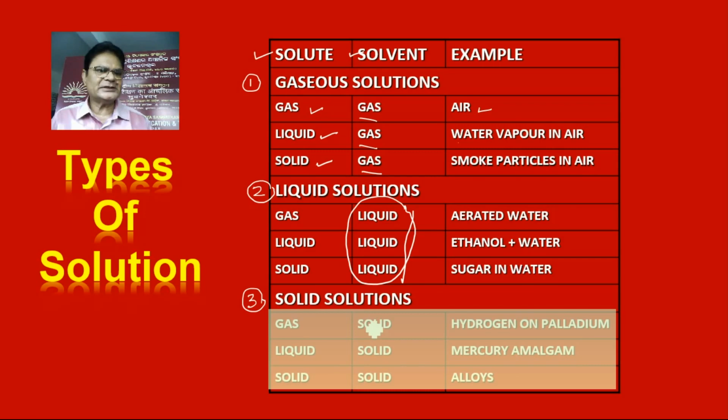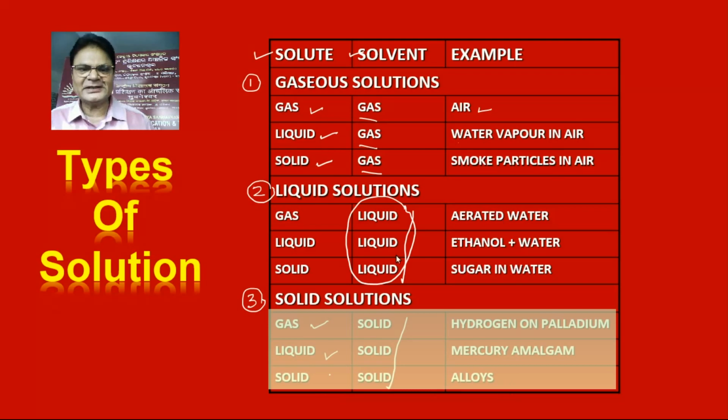The solute may be gas and the solvent solid, for example, hydrogen gas adsorbed on palladium. Then the solute may be liquid and the solvent solid, for example, mercury amalgam. When the solute is solid and the solvent is also solid, then we get alloys.